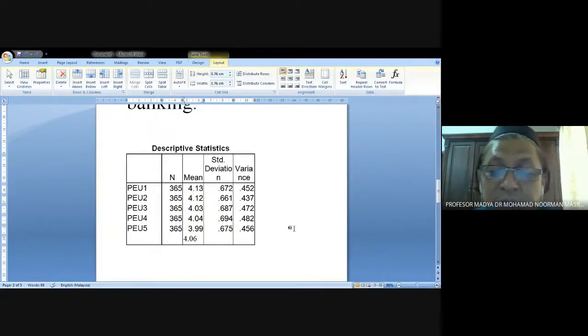Remember, the research question is what is the rating given by user in terms of trust and perceived ease of use. So the rating given by user is 4.06, whereby it can be interpreted that the user perceives that the mobile banking services is easy to use.